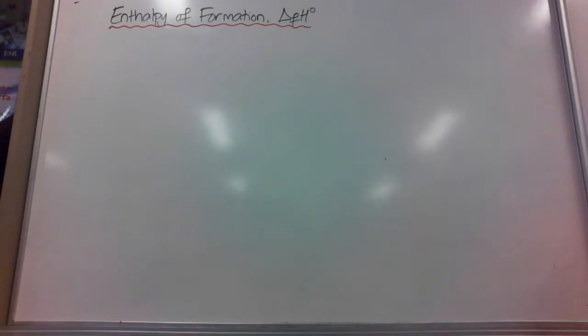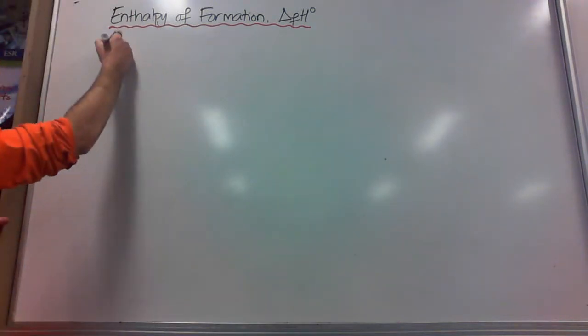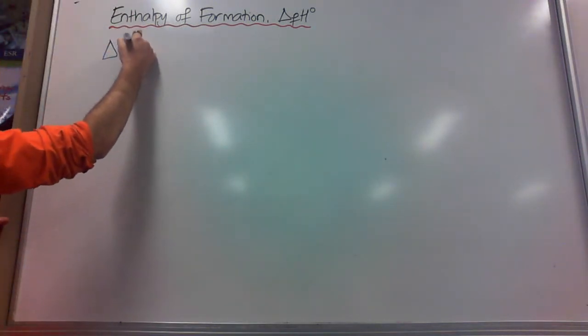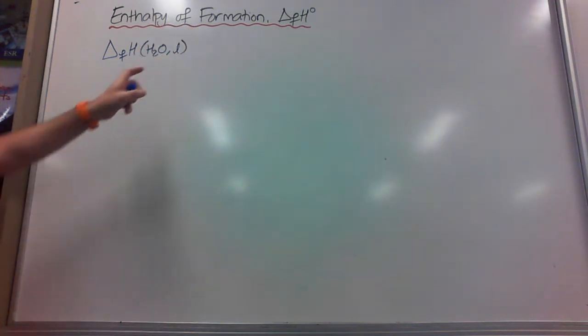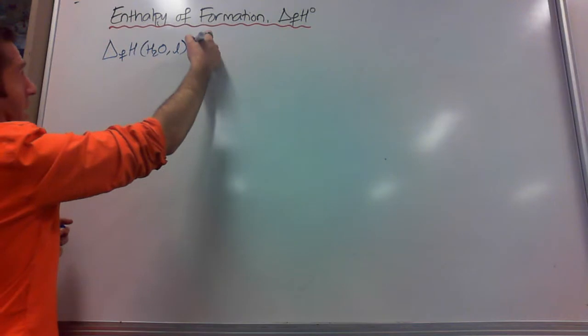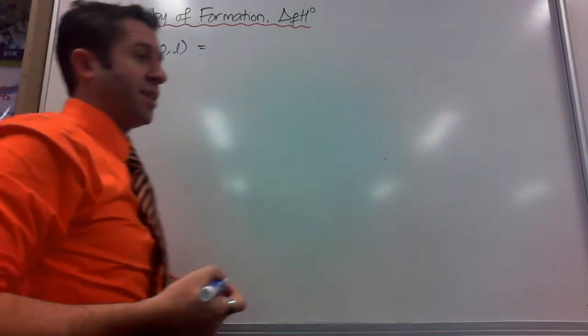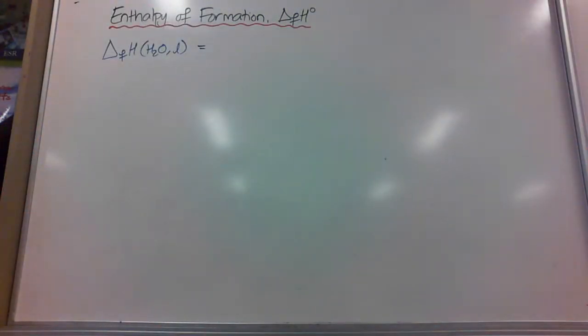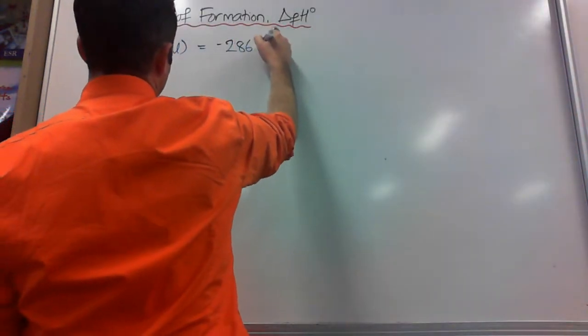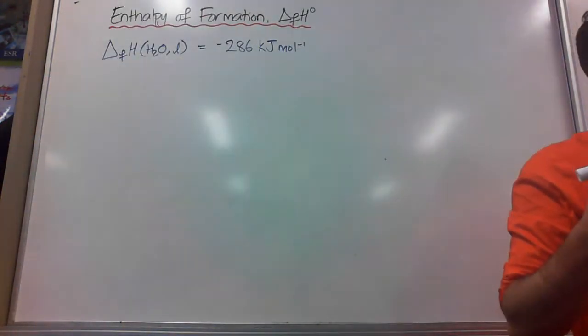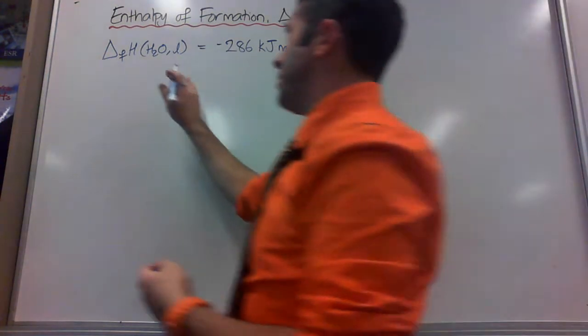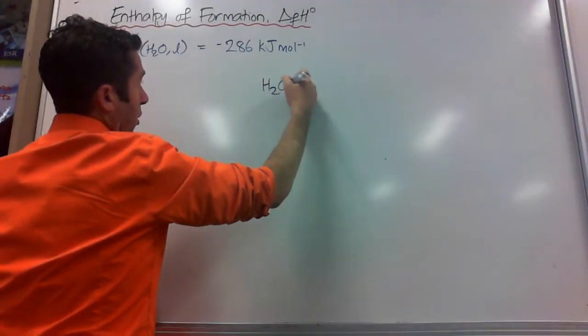So one of the most common ones that you're going to see is the enthalpy of formation for water. So we go enthalpy of formation of H2O liquid, because that's what it is at standard conditions. And it normally equals, and sorry, I'm going to double check this, normally equals negative 286 kilojoules per mole. What this means is that we're going to make 1 mole of H2O liquid.